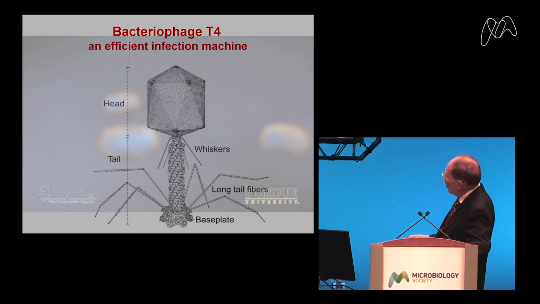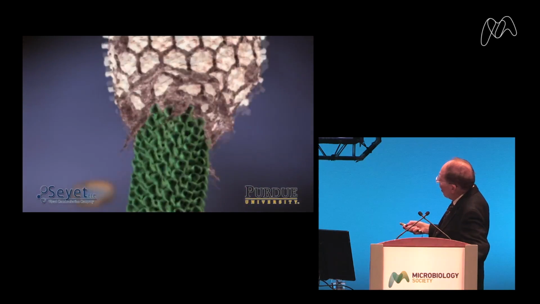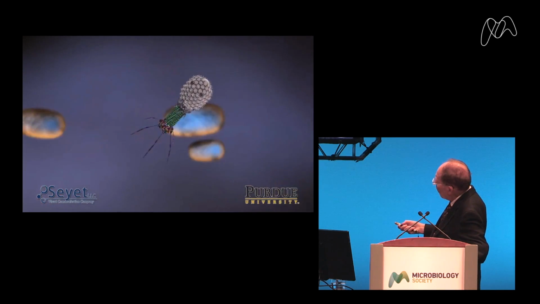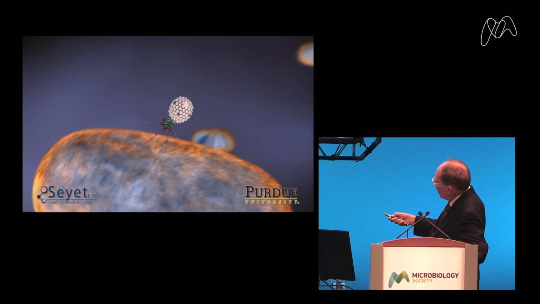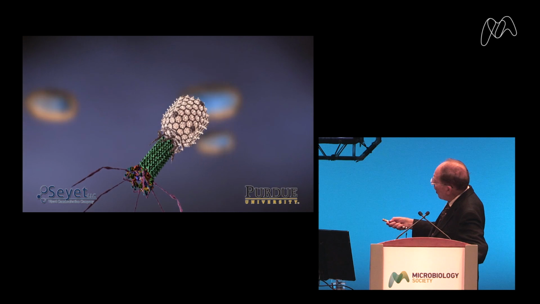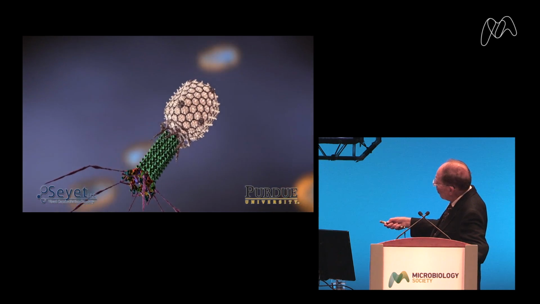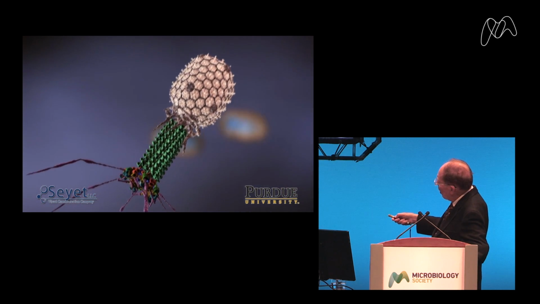And now this is a movie made of knowing what the structure is, bubbles in the water, and that's the phage coming down and landing on top of the E. coli host. The long tail fibers are going to recognize the host here.